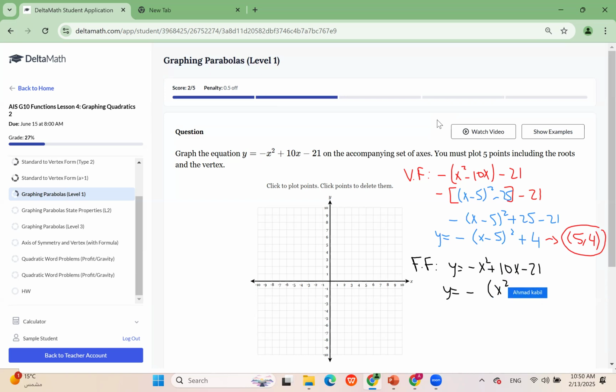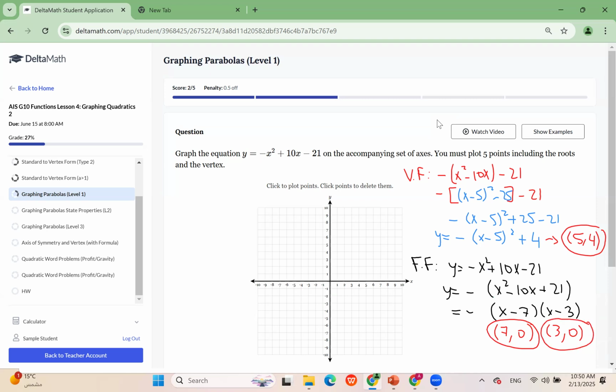We have x squared minus 10x plus 21. This is the same as (x minus 7) and (x minus 3) in factored form. So the intercepts would be (7, 0) and (3, 0) as well. And these are two extra points that we now have.